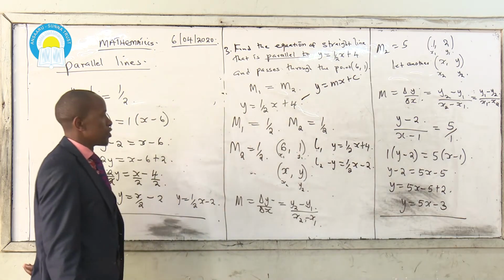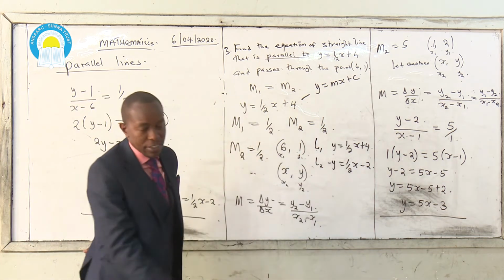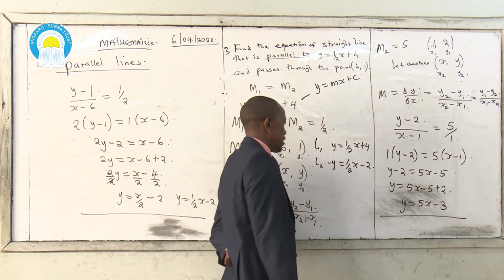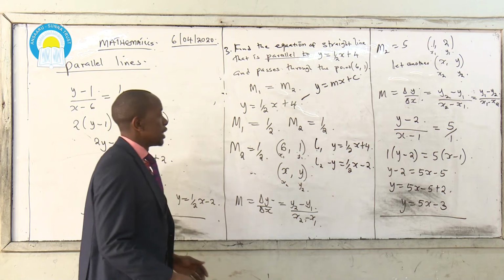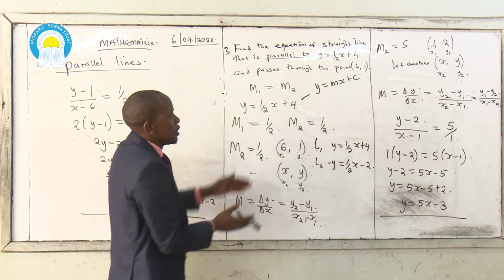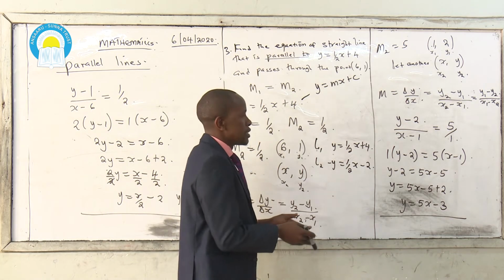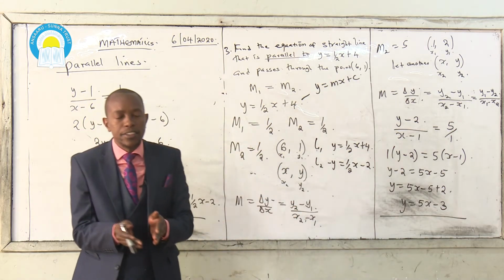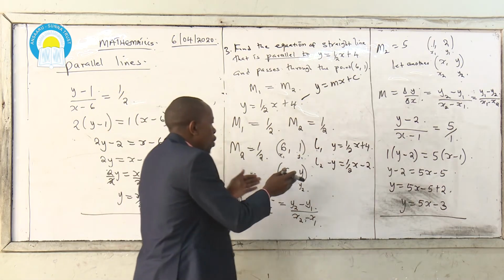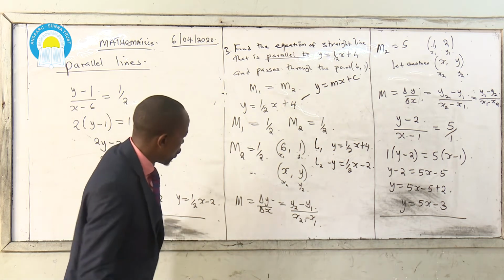The fact that they have the same gradient means they are parallel lines. Parallel lines, we said, are lines that have a fixed distance apart. The lines will never meet. No matter how long you extend the lines, they will not meet.